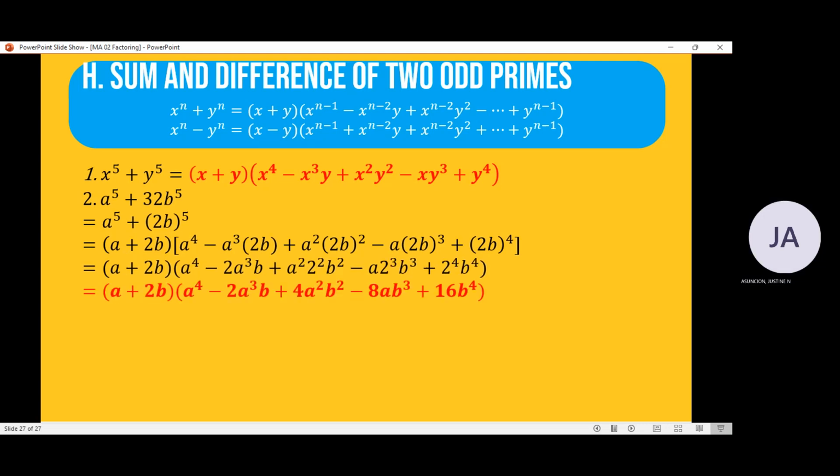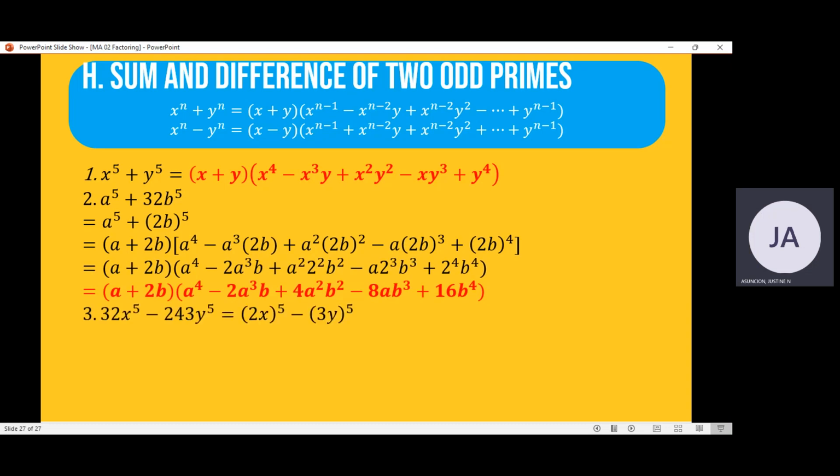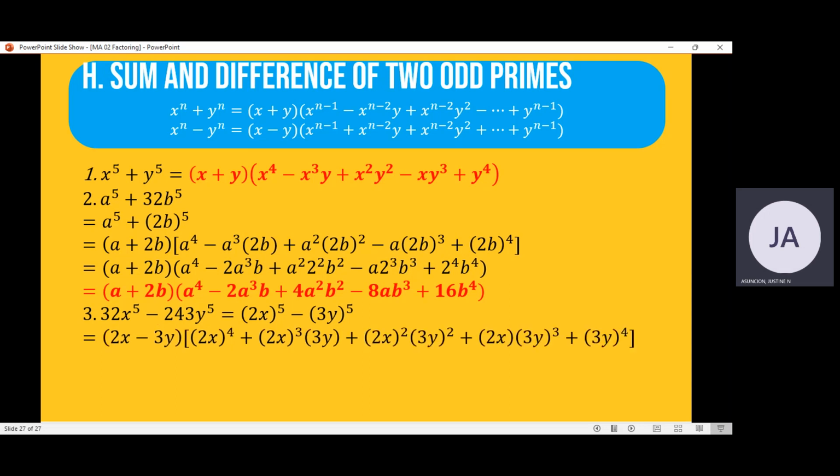Last example. We have 32x raised to 5 minus 243y raised to 5. The fifth root of 32x raised to 5 is 2x, and the fifth root of 243y raised to 5 is 3y. So we have the first factor, which is 2x minus 3y.